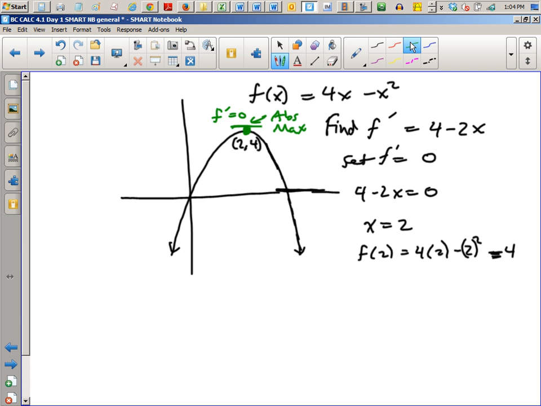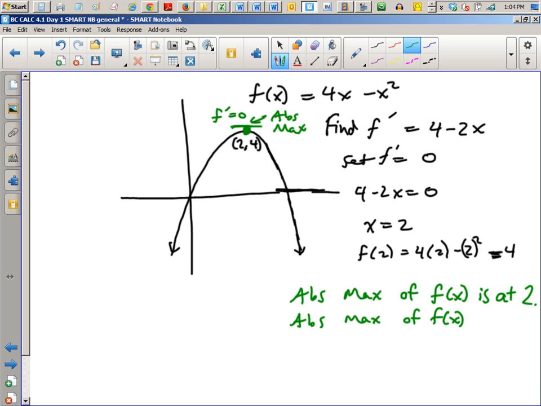So here's how we would write it. Watch very closely. The absolute max of f of x is at 2. The absolute max of f of x is 4. Okay, the wording is really important here. Our book doesn't go into all the details on the wording, but when they ask you where it's at, you give the x-coordinate.